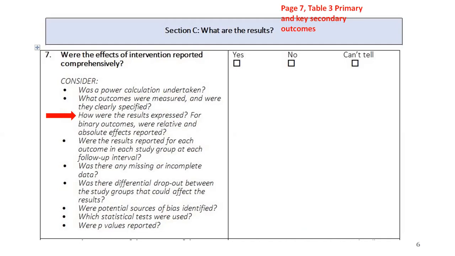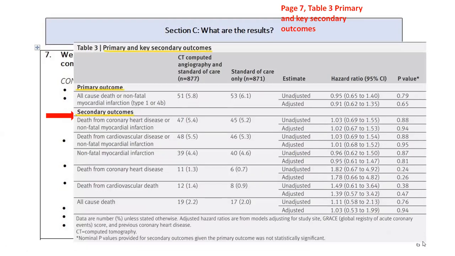If you go to page number 7, primary and key secondary outcomes, table 3, they have divided it into primary outcome and secondary outcomes, comparing CT coronary angiography with standard care, and they have given confidence intervals and p-values. So they have divided it into two sections, with the primary outcome. So the answer will be yes.